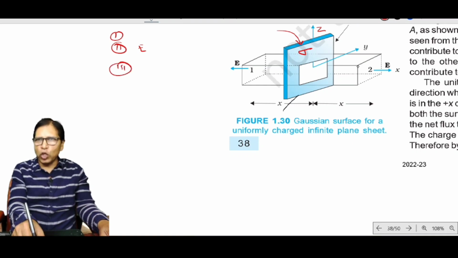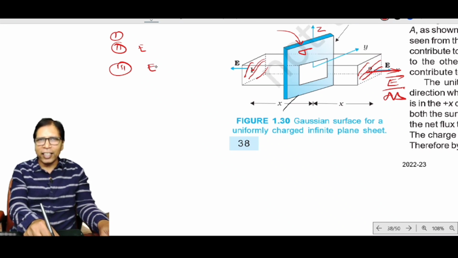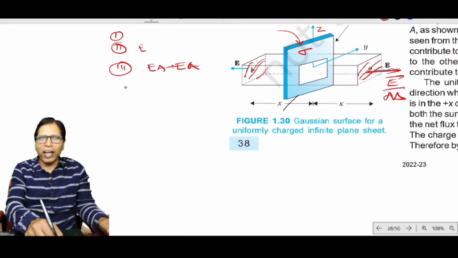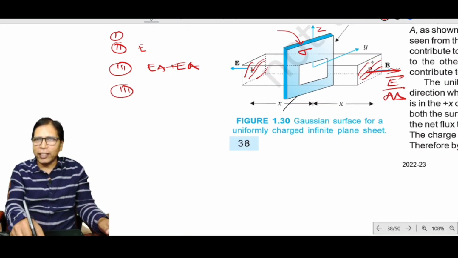Number 3, a cuboidal Gaussian surface is drawn, and this surface is parallel to the sheet. At this surface, E vector is parallel to ds vector. So the flux in these two surfaces is EA plus EA, and the flux on other surfaces is 0. Now number 4, the charge enclosed by the Gaussian surface is A into sigma.